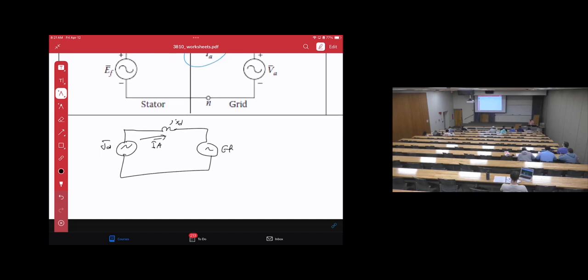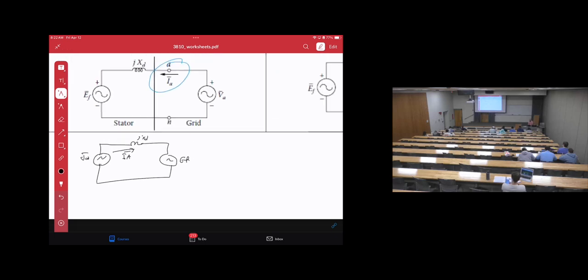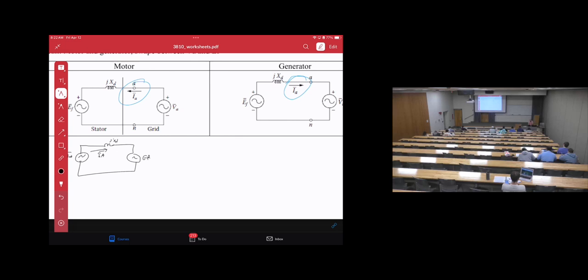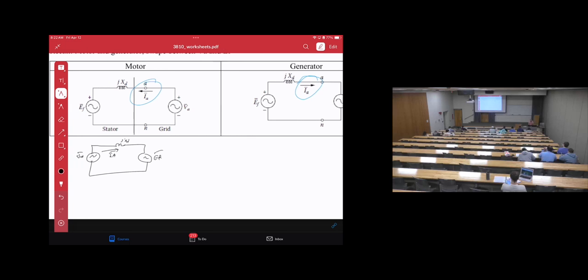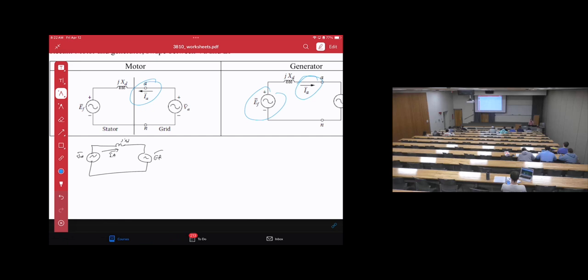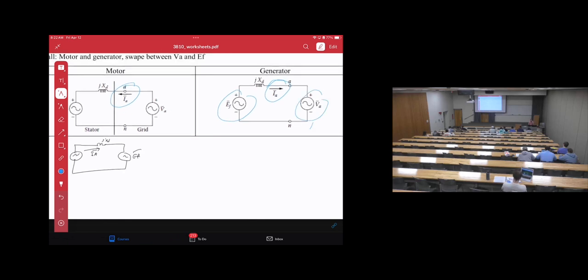Again, why I did this? Just I wanted to make sure the current is traveling clockwise. Then by comparing this one and the generator, you will see they are the same, but the thing that we did is we swapped these two, EF and VA.